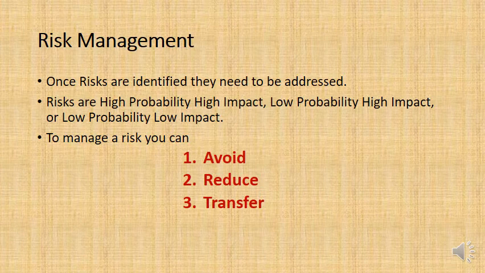What we're doing here is we're changing the profile of the risk. We're changing either the impact or the probability or both of the risk. So remember, certain risks may have high probability, high impact, low probability, high impact, or low probability, low impact. Sorry, high probability and low impact is the other one there.